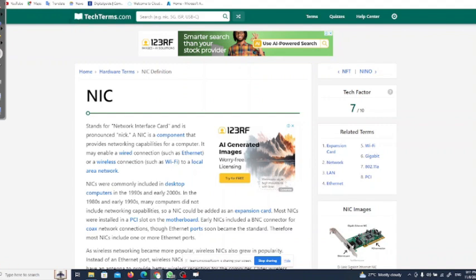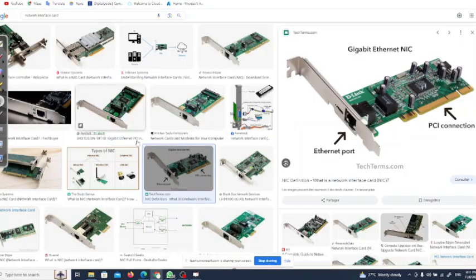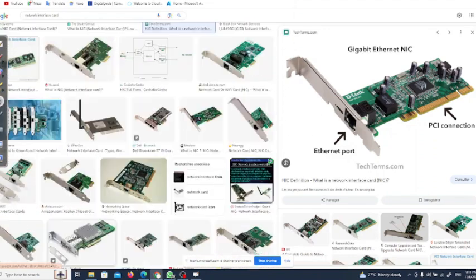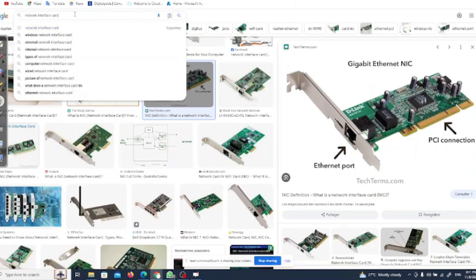Okay, but now let me try another one. Let me see if I can get another network interface card which has the MAC address information.